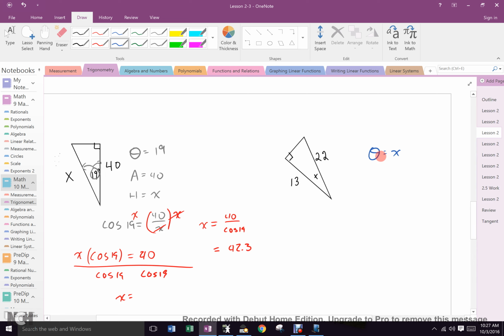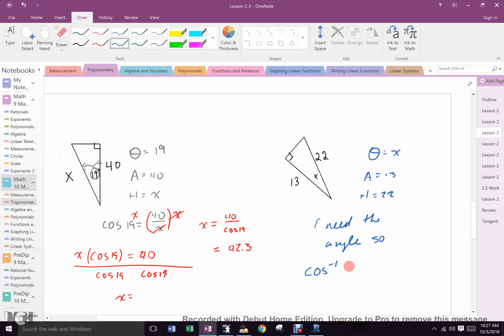No, I don't have a theta. But I have an adjacent of 13 and an h of 22. What uses a and h? Cos. But I need the angle, so I need cos minus 1.